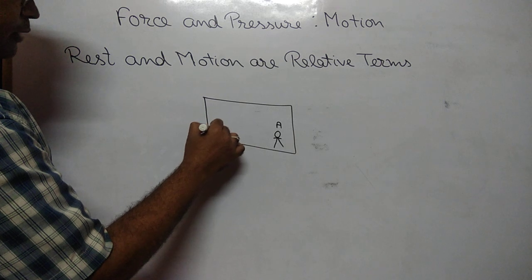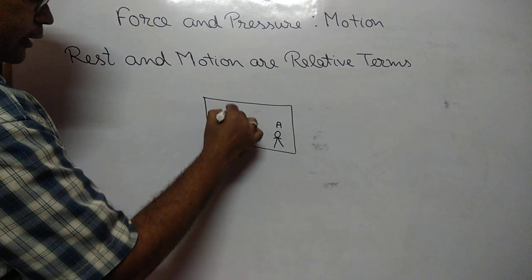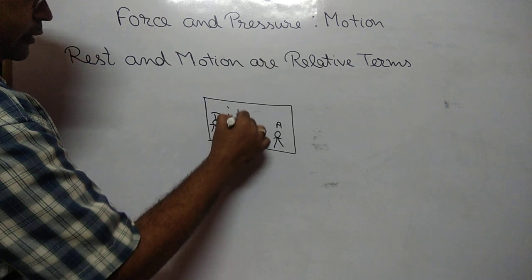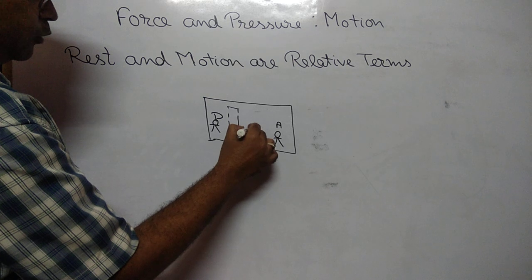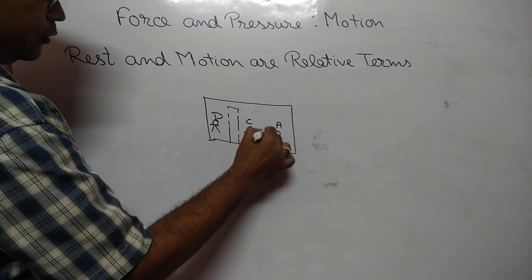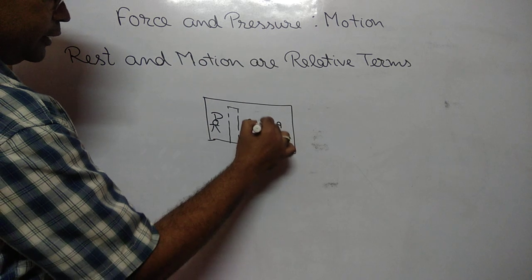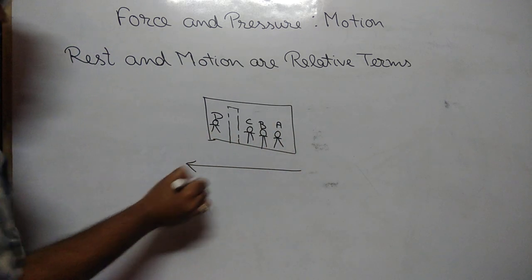This is my driver D, and here is a gate. I also have co-passengers C and B. Now the bus is moving in this direction.